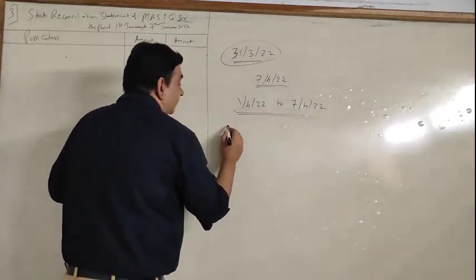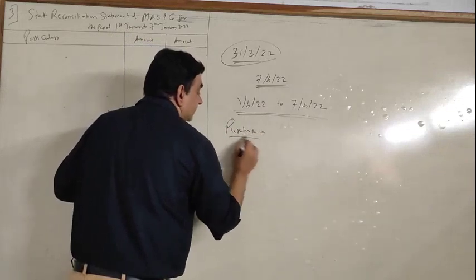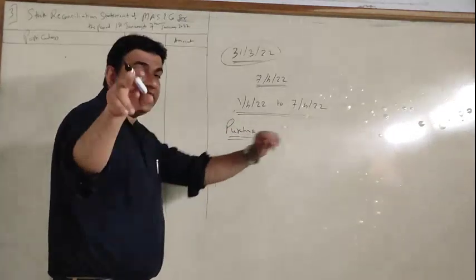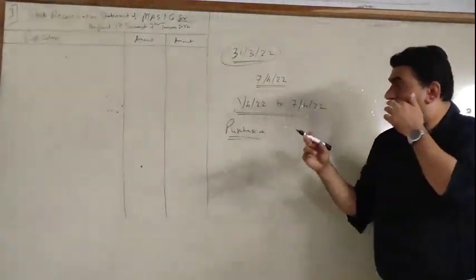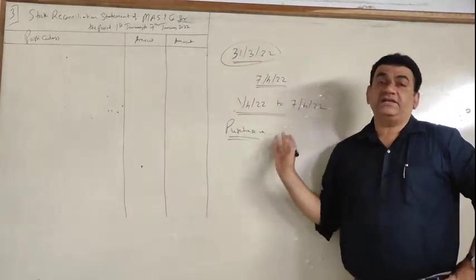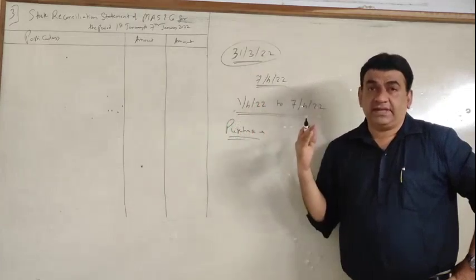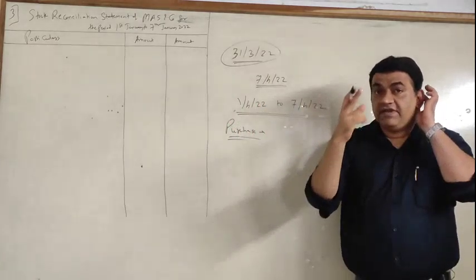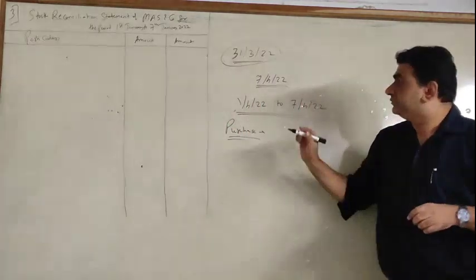Okay, let's take one by one. Purchases. What we did in the last class, you took the stock before date. So whatever transactions were there from the date of stock till 31st March, we added because the goods came in. Now listen, we have to do the opposite, but understand the logic.